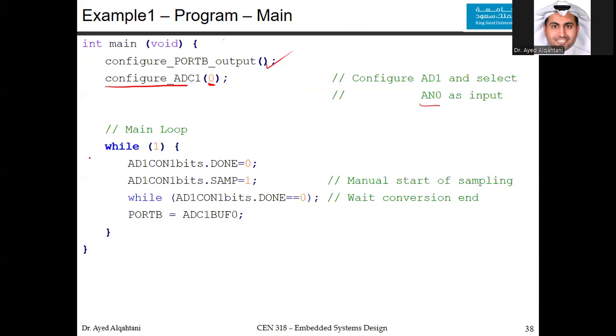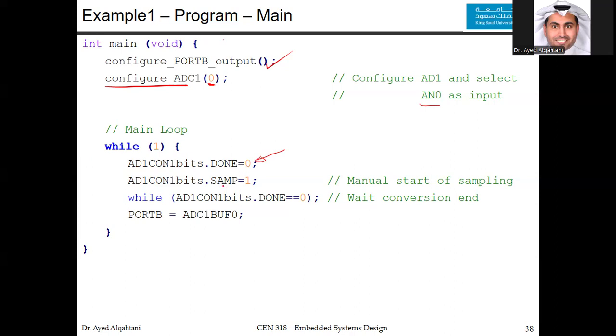Now, in the main loop, while 1, remember you have manual sampling. So you would say the ADC control bits dot done equal to 0. So you start by making this status value equal to 0, so no sampling is done.